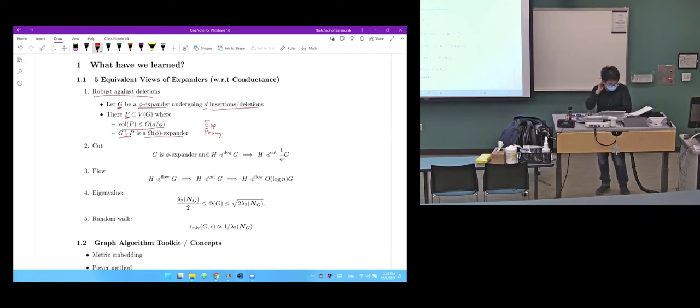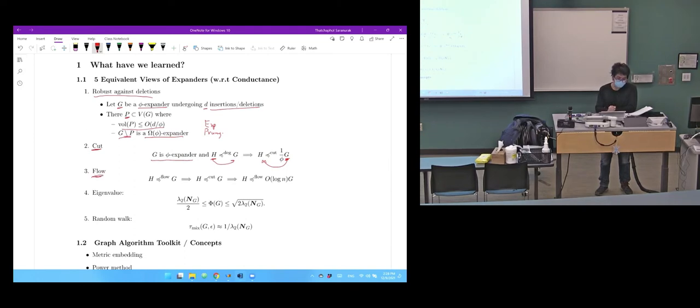Also, in the cut view, we saw that an expander is the most well-connected graph among all graphs that have the same degree profile. That is, if G is a phi expander and H has less or equal degree profile, then the cut size of G is going to be more than the cut size of H up to some factor.